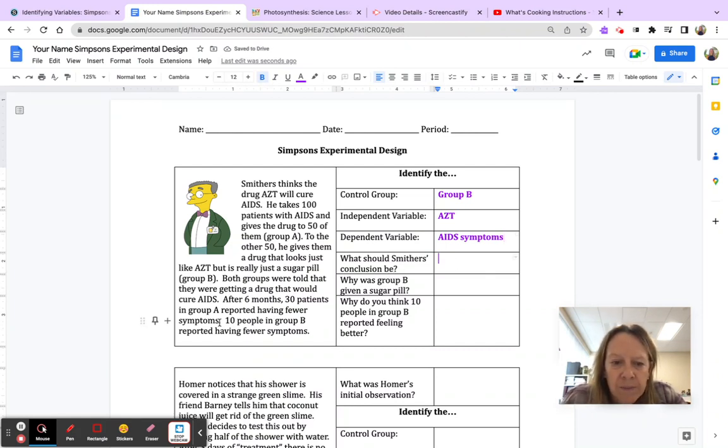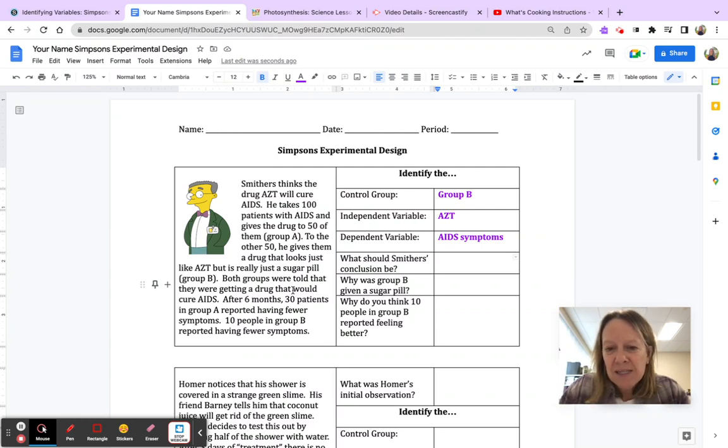Okay. What should his conclusion be? Well, 30 people in Group A out of 50 had fewer symptoms, and 10 out of 50 had fewer symptoms in Group B. So the drug worked better, right? But not everybody got better, and some people without the drug got better. There's a whole branch of math and science called statistics that helps us establish if this is enough to say it's really working, but that's way beyond the scope of this class.